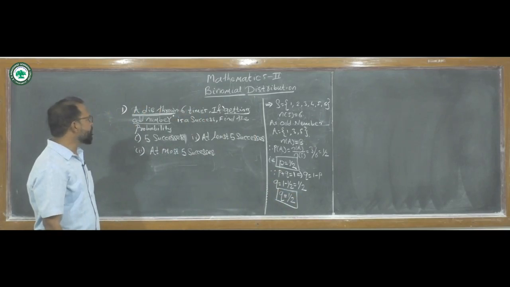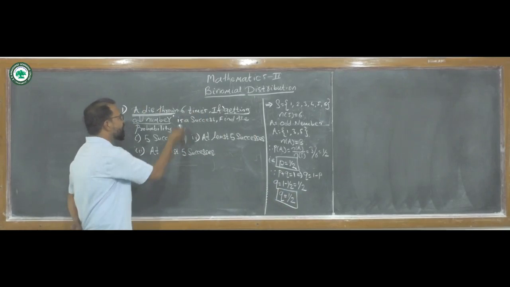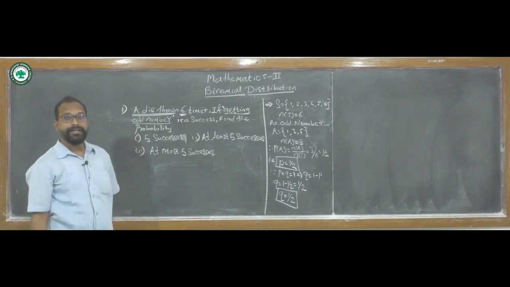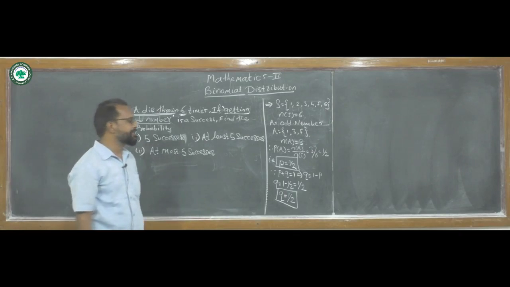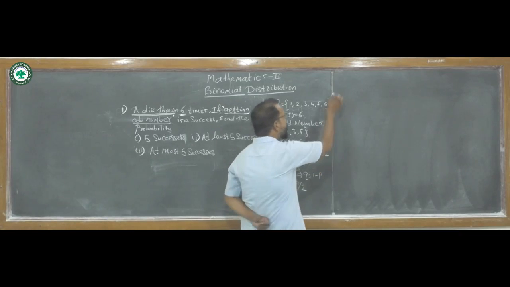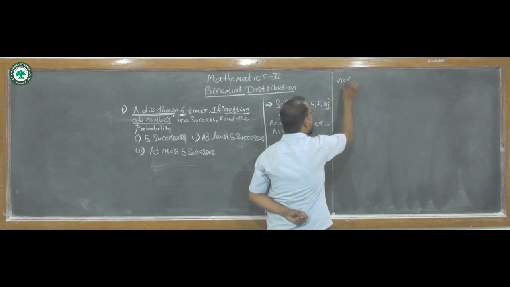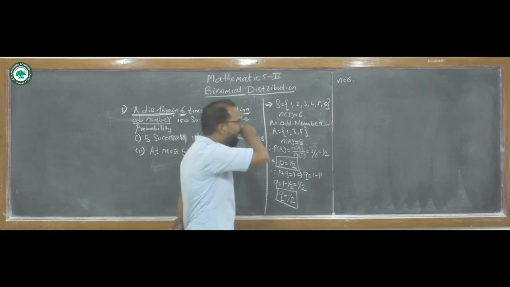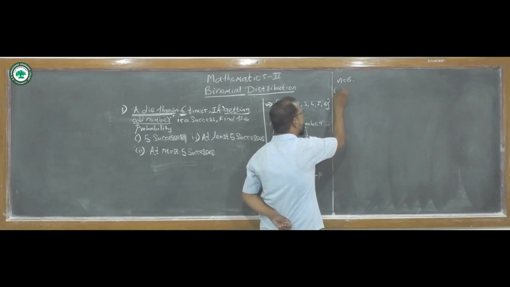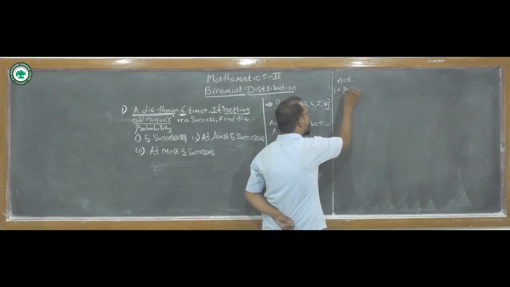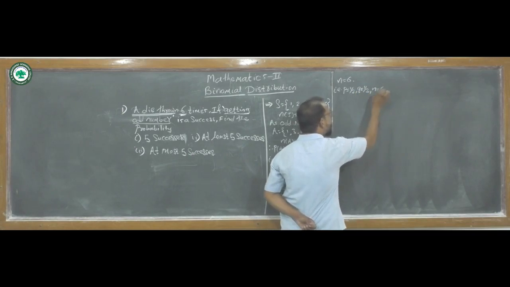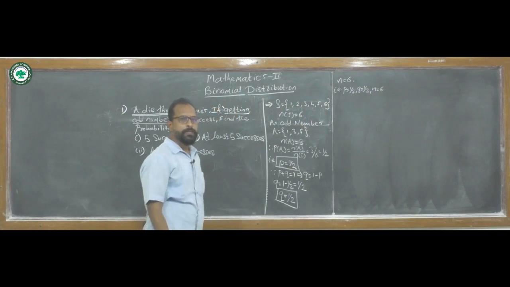Now also given that the die is thrown 6 times. It means that the trial is repeated 6 times. So we write n equals 6. That is, we get all the parameters: p equals 1/2, q equals 1/2, and n equals 6.